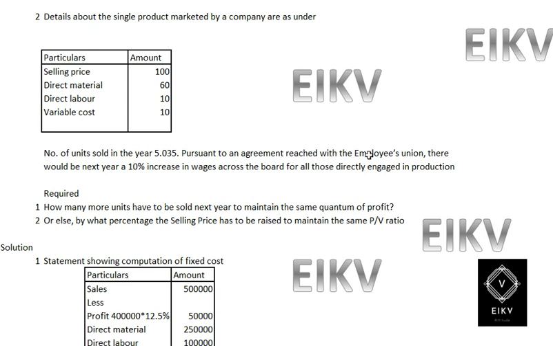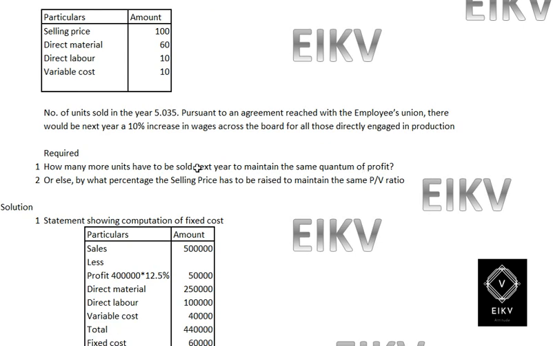Pursuant to an agreement reached with the employees union, there would be next year a 10% increase in the wages across the board for all the direct labor engaged in production.